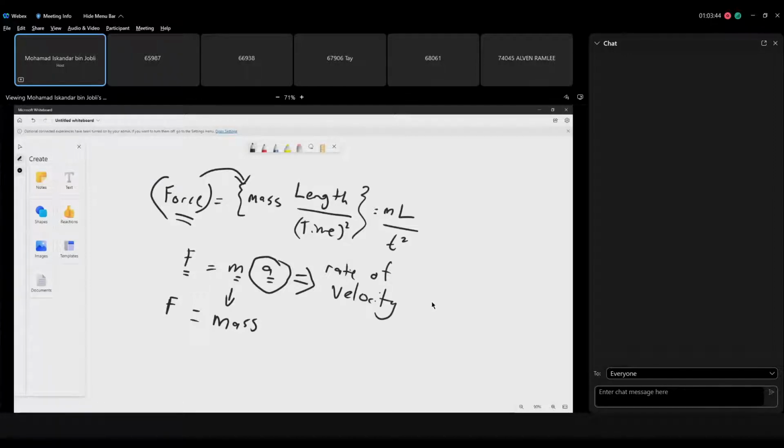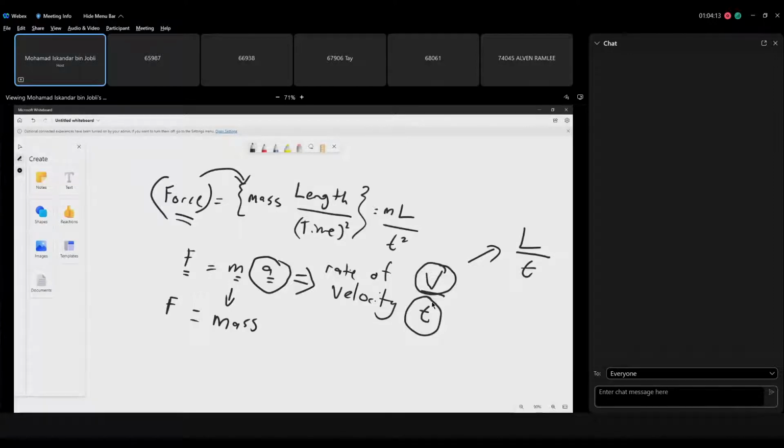Velocity, you have v divided by t. And you know that v is actually displacement. T is already in its primary dimension. V itself is actually the displacement L over t.